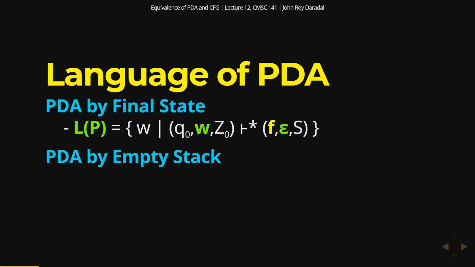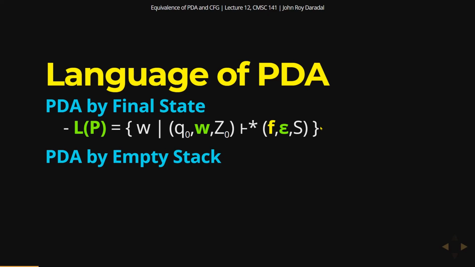This means that from Q sub 0, the start state, we eventually go to F, which is a final state, and we have finished processing the string. From W it became epsilon or empty, regardless of the stack contents S. What's important is we reached a final state after processing the input string. So that is PDA by final state.